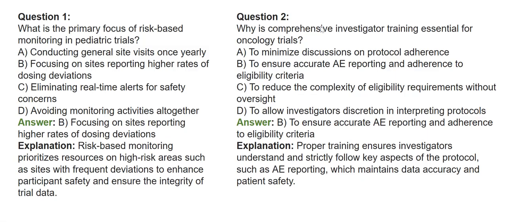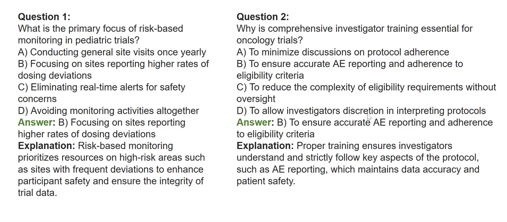Question 2: why is comprehensive investigator training essential for oncology trials? Is it A, to minimize discussions on protocol adherence; B, to ensure accurate AE reporting and adherence to eligibility criteria; C, to reduce the complexity of eligibility requirements without oversight; or D, to allow investigators discretion in interpreting protocols?